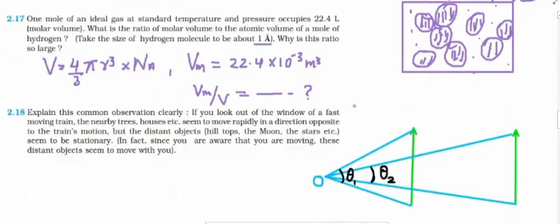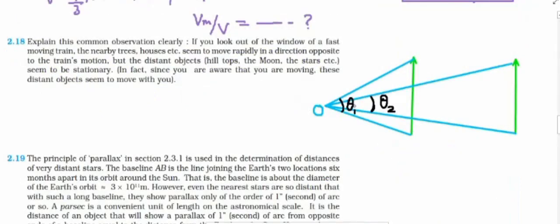Okay, now question 18. If you look out of the window of a fast-moving train, the nearby trees, houses, etc. seem to move rapidly in a direction opposite to the train's motion. But the distant objects, hilltops, the moon, the stars, etc., seem to be stationary.